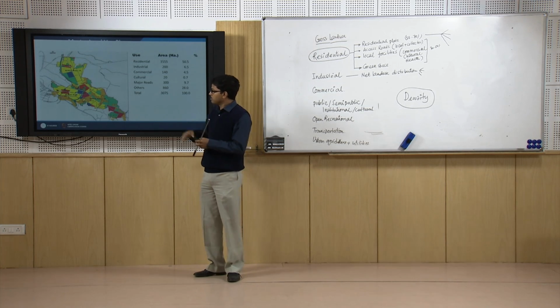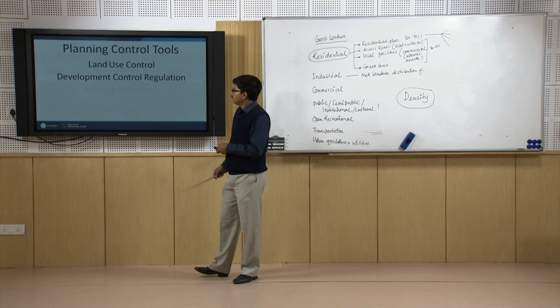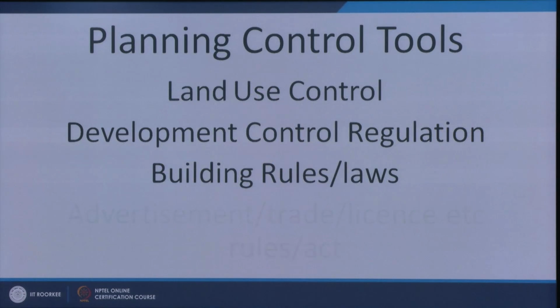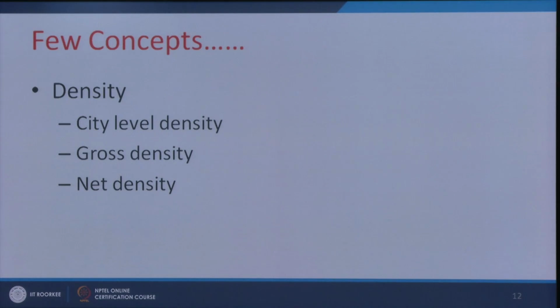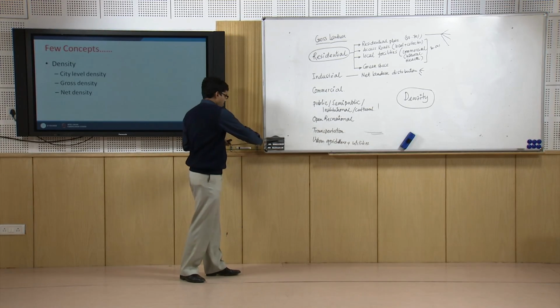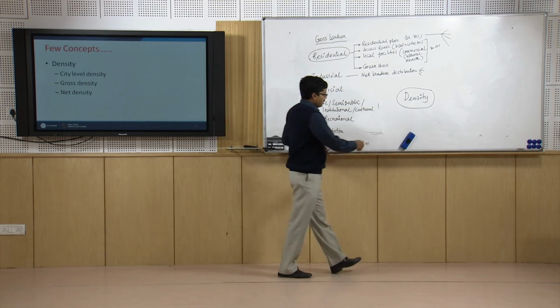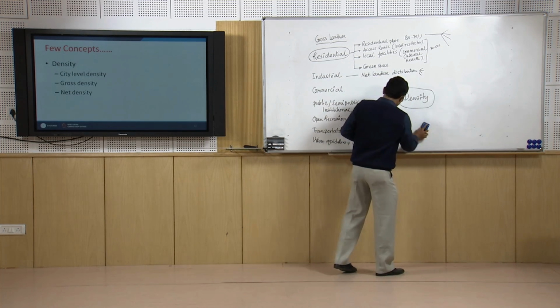So from this land use plan we will go to the discussion of the density. We have discussed the land use matters. After the discussion of the density, we will go to the discussion on the control parameter, development control.